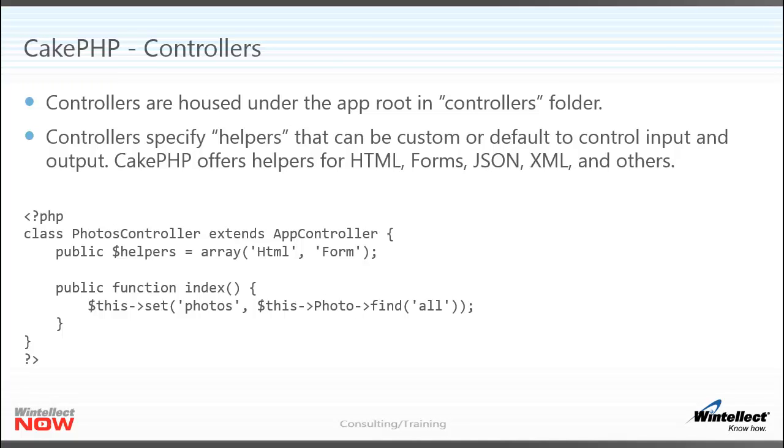In the instance of this particular controller for photos, what I want to do is go out there and search for all of the photos that I have in my database or my data store. That's what I'm doing right here. What I'm loading up inside of this is a photos controller. So I say this.photo.find all.